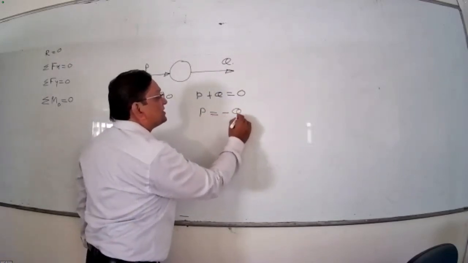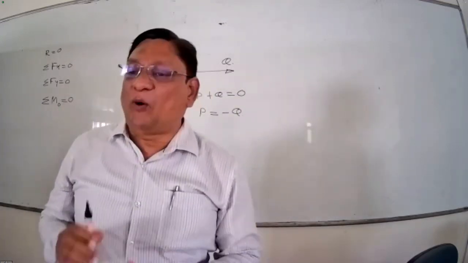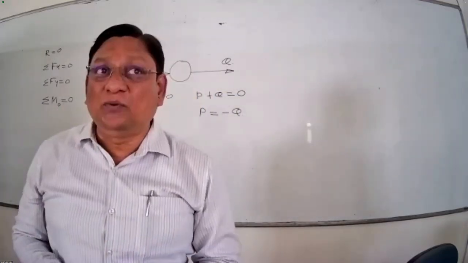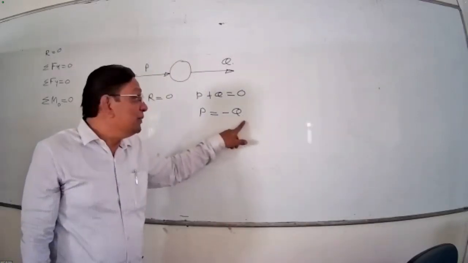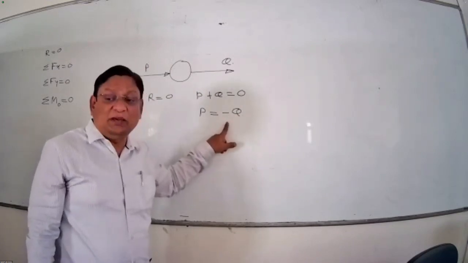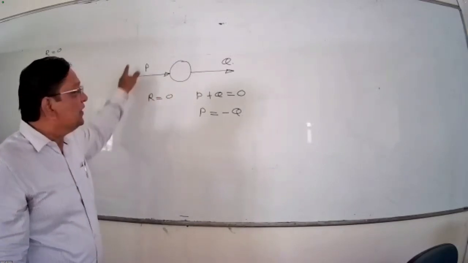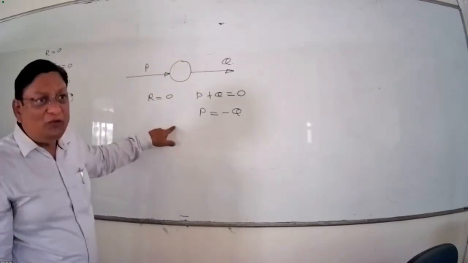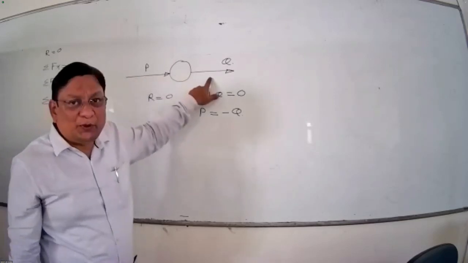So from this I can conclude, if the body is in equilibrium under the action of two forces, both the forces must be of the same magnitude. P must be equal to minus Q. What does that mean? Direction has to be opposite. So for the two force equilibrium system, if the body is in equilibrium under the action of two forces, then both forces must be of the same magnitude and opposite in direction.